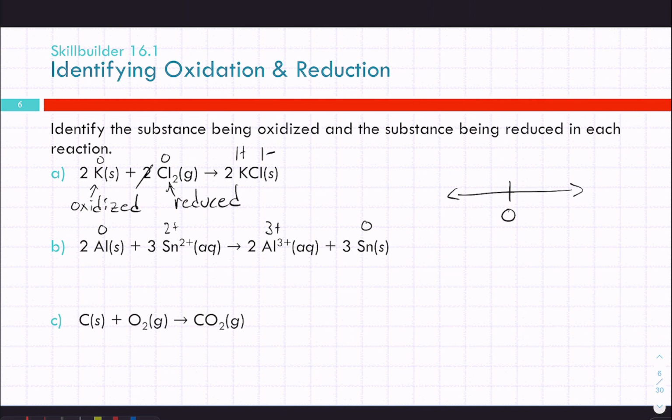So if we're starting with tin as a 2 plus, or plus 2, going from 2 to 0 is moving more negative. So that's reduction. So aluminum's being oxidized, and tin is being reduced.